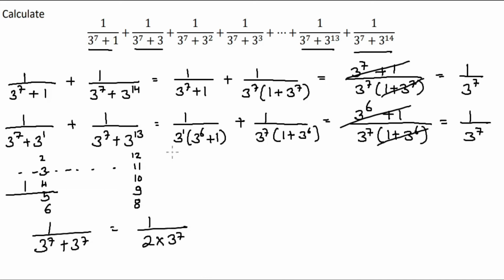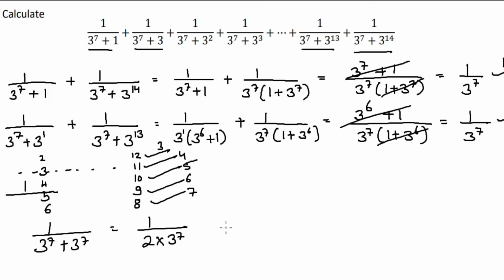But what about these pairs? Each of these pairs will give you 1 over 3 to the power of 7. You can check how many ticks I have made: 1, 2, 3, 4, 5, 6, and 7.